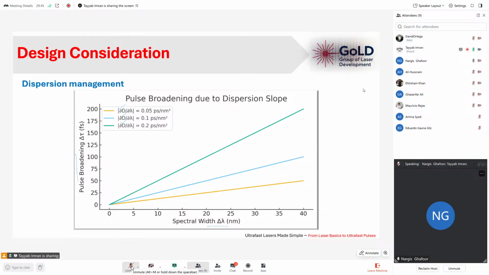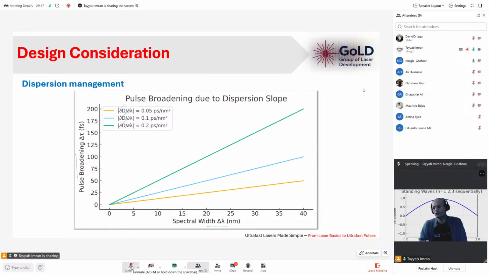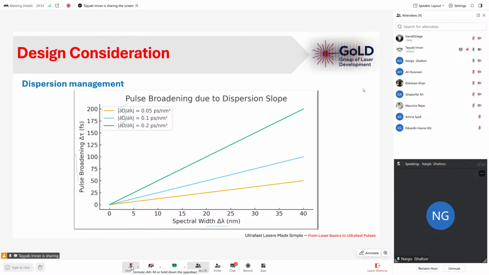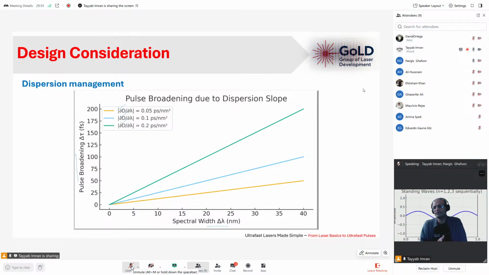And the spectral bandwidth, the spectral width along the x-axis, is also increasing. Yeah, so we are discussing here pulse broadening, not the pulse duration. Pulse broadening. So don't get confused. Okay, thank you, Nargis. Thank you very much.